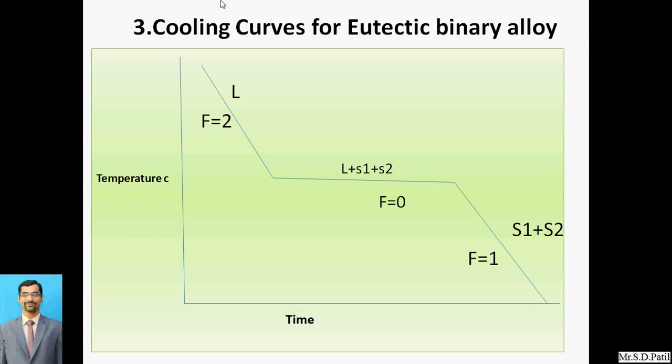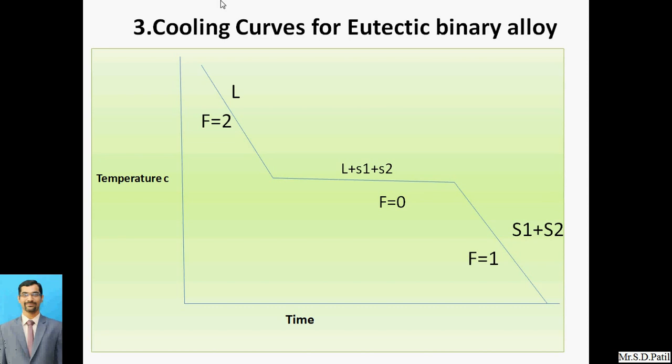But here in the eutectic binary alloy, it is a homogeneous mixture of two solids. Here we are getting two separate solids, but in the case of an alloy, only one solid phase occurs, even though the composition is somewhat different, but the solid phase is the same.